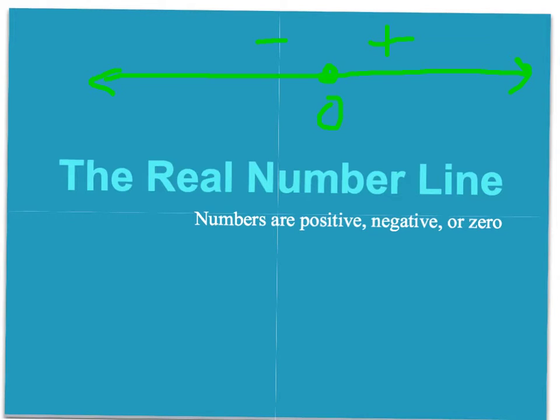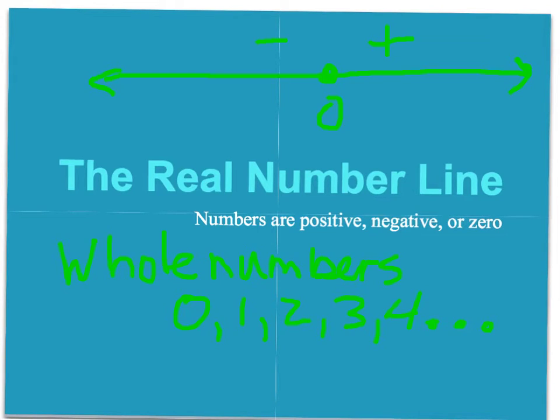We can have numbers that are whole numbers, and whole numbers include 0, 1, 2, 3, 4, and on, and on, and on.